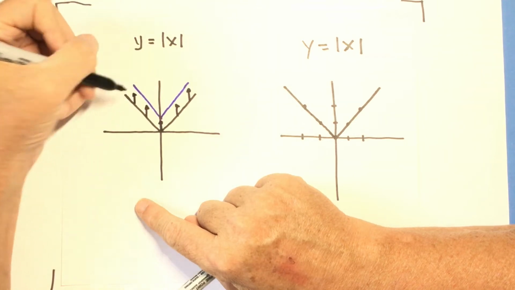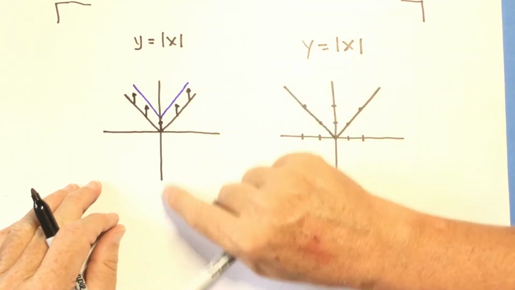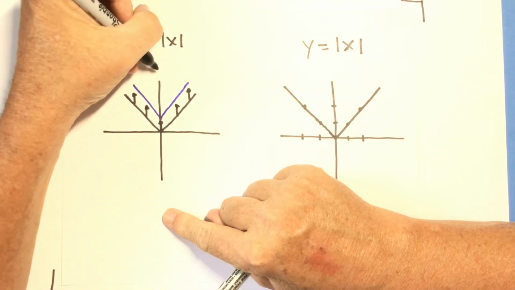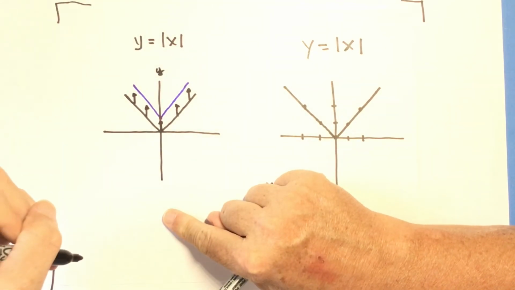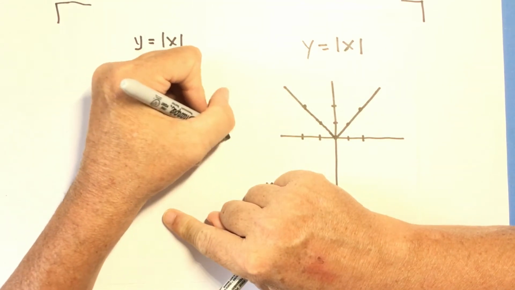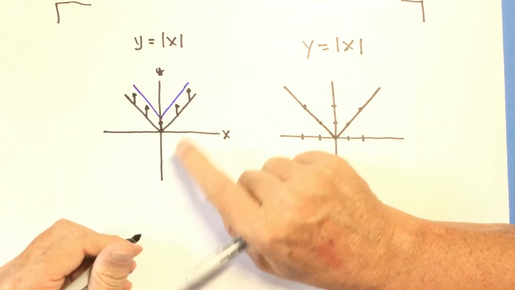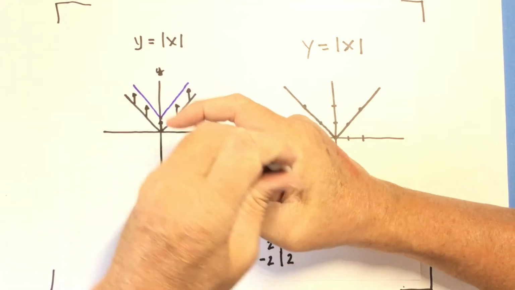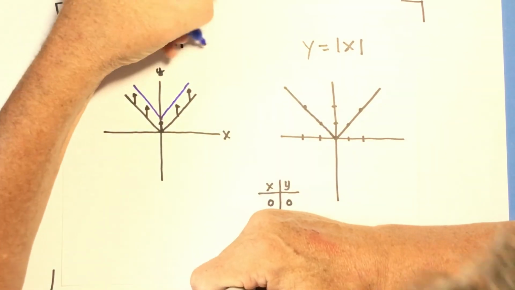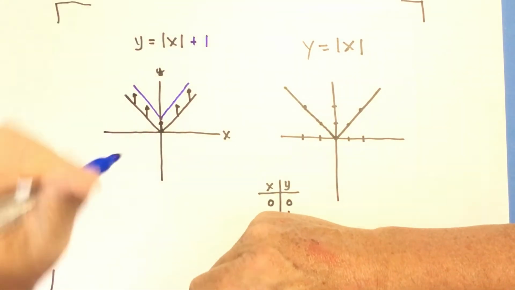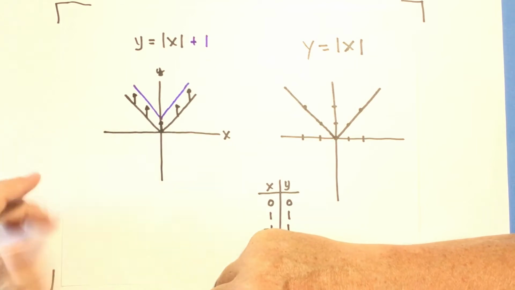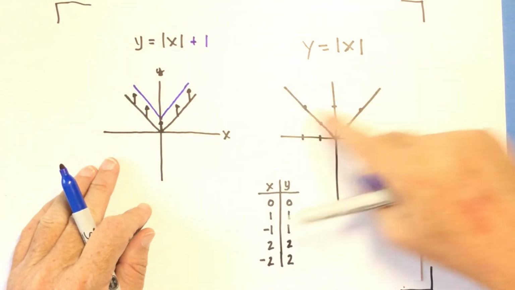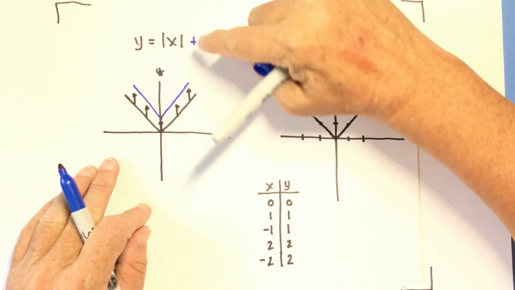Everything on the entire original graph has been moved up 1. And up and down relates to the y-axis. Left and right relates to the x-axis. So that means this graph that I just drew can be written as y equals the absolute value of x plus 1, because every value that was here has just been moved up 1.